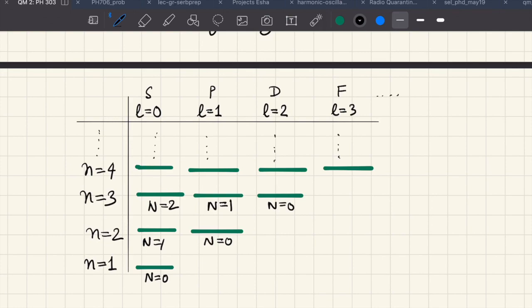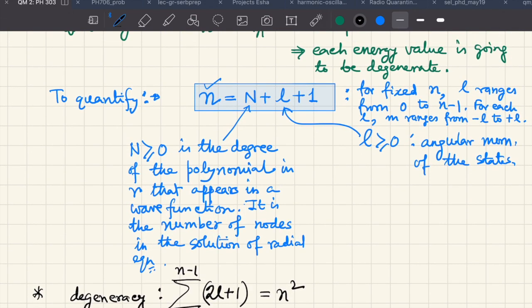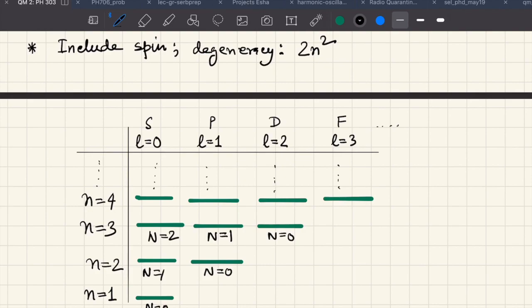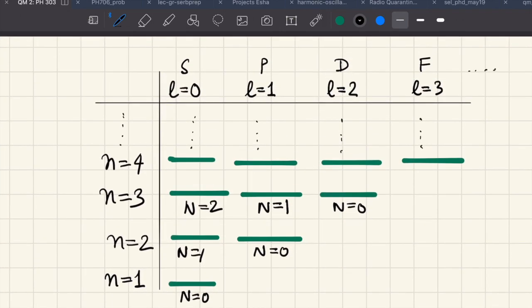For example, let us take n equal to 3. When n is equal to 3, look at this equation. When small n equal to 3, you know that L can take values 0, 1 and 2. Now when n is equal to 3 and L is equal to 0, capital N can only be 2. Similarly, you can figure out these values corresponding to these n values and small l values.